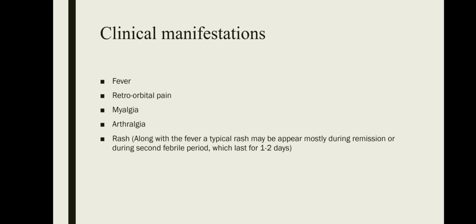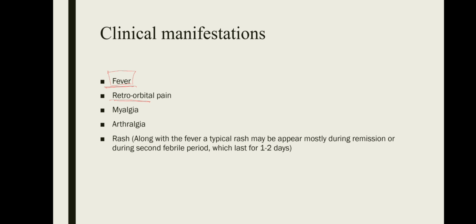First, the clinical manifestation of dengue fever. In classic dengue fever, there is a high grade fever, and this fever mainly lasts for up to 5 days, along with retroorbital pain.